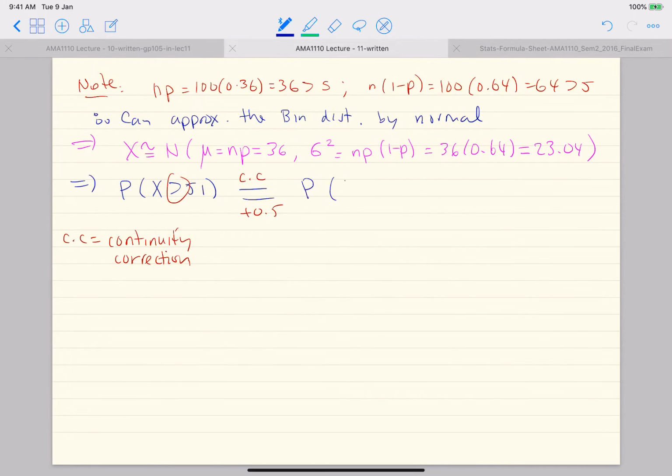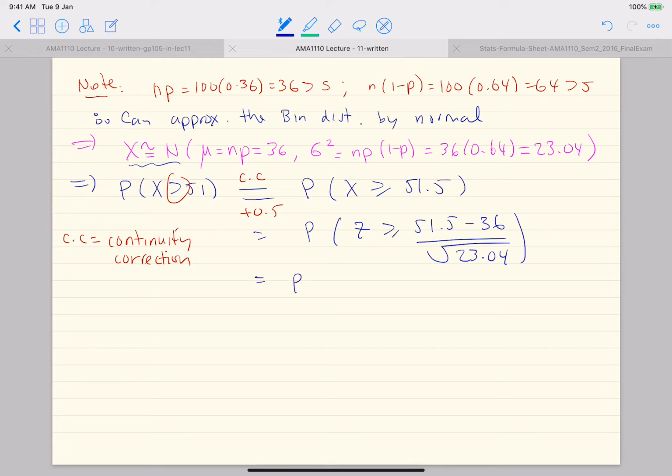So in fact, we're looking at the probability that x is greater than or equal to 51.5. And since x is approximately normal, to calculate this normal probability, we standardize it, which means we change it to a standard normal variable by taking away the mean and dividing by the standard deviation.